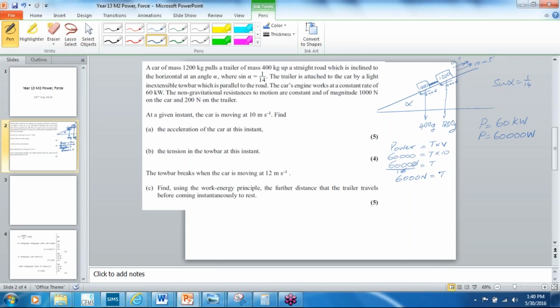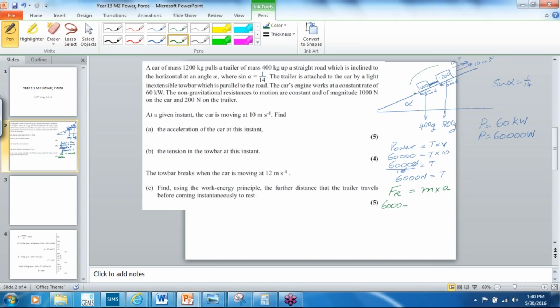So now we have a force up of 6,000 and forces down, and let's get our resultant force equals mass times acceleration. So our force up is 6,000.